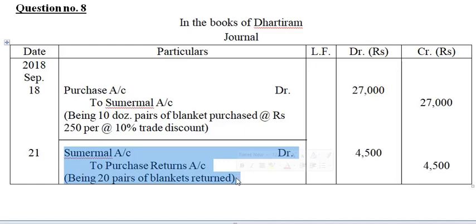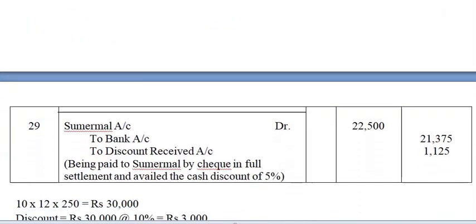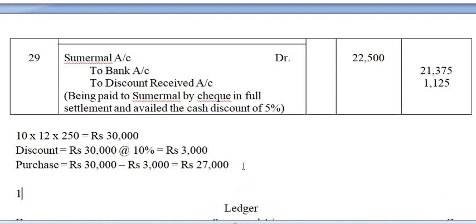One pair costs 250, so 20 into 250 equals rupees 5,000. Let us check one more time. Yeah, it is 5,000 for 20 pairs.